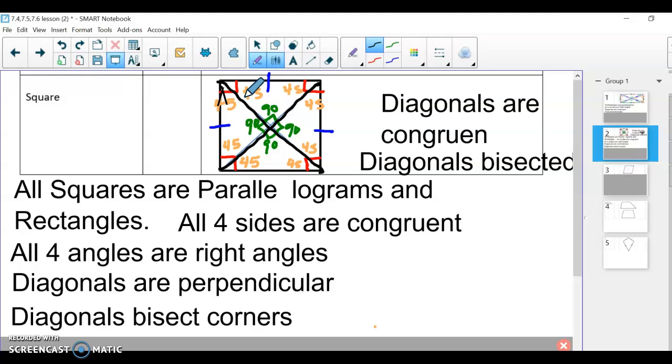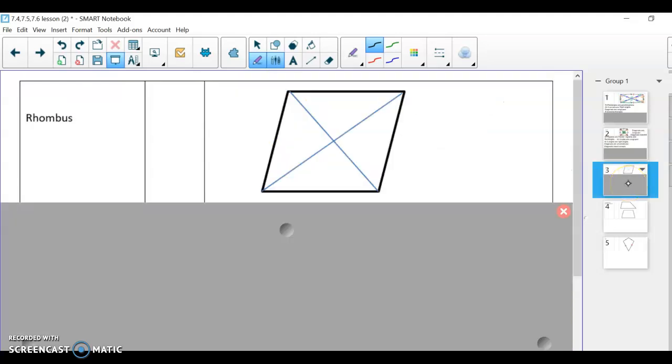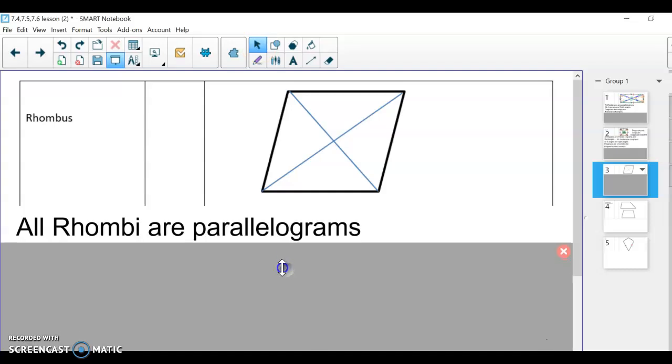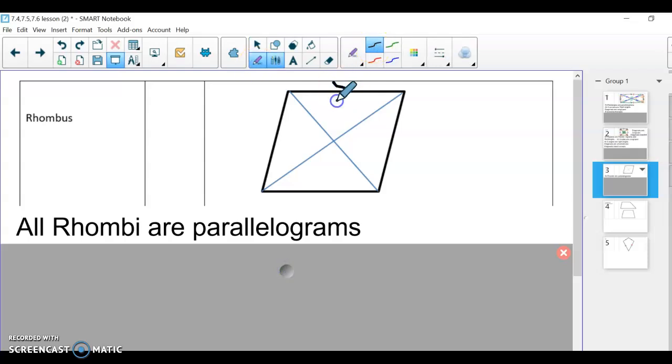All right, squares. Last one here is rhombuses. All rhombuses, rhombi, are parallelograms. So all 5 of those properties are going to hold true on rhombuses. So let's go ahead and mark in that our opposite sides are parallel. I think I forgot that on the squares. These would be parallel.